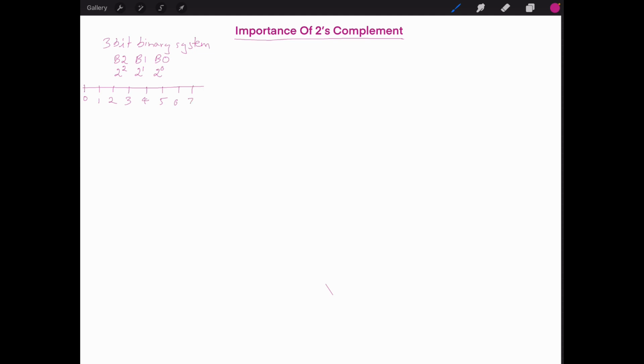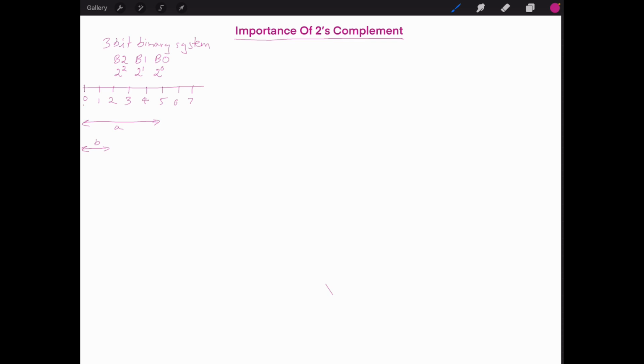So in this numbering system, let's consider 2 numbers for our exercise today. Let the numbers be A and B. A is represented here, and similarly B is represented here.